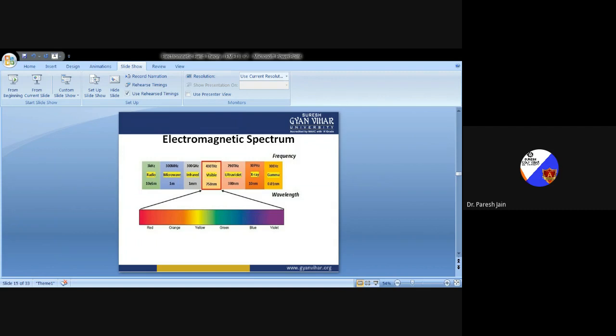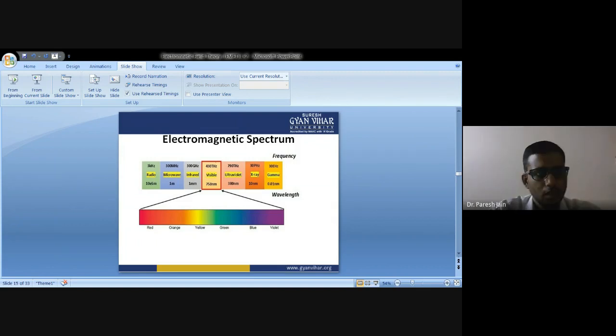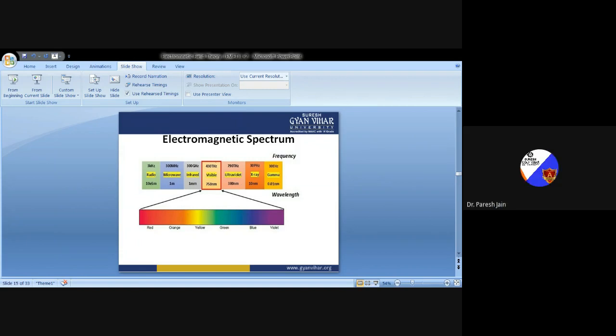The electromagnetic spectrum contains a wide frequency range between 3 into 10 to the power 5 to 3 into 10 to the power 20 hertz. The frequency and the wavelength are reciprocal of each other. Thus, the lower the frequency, the more will be the wavelength.